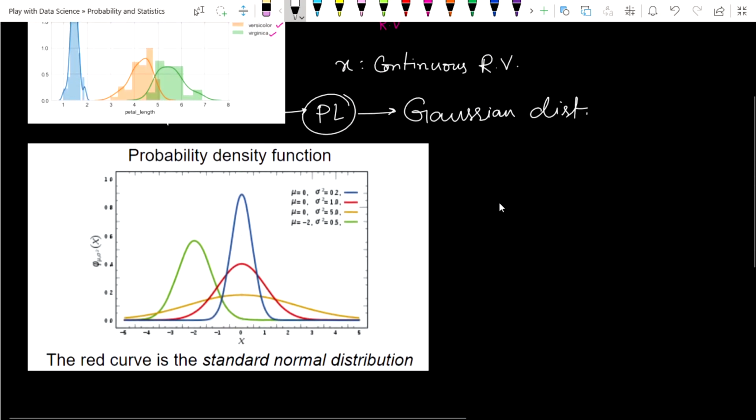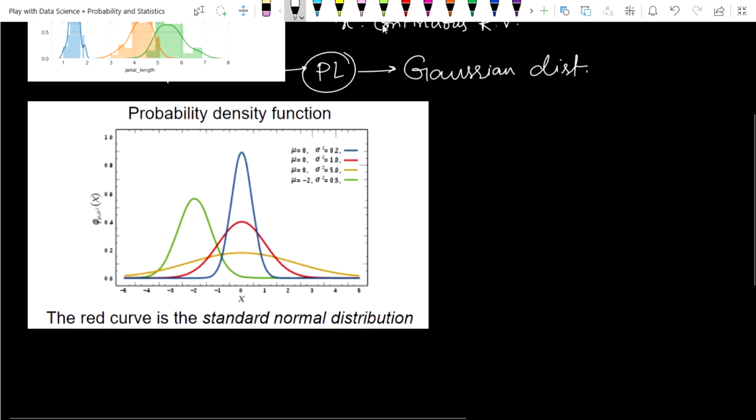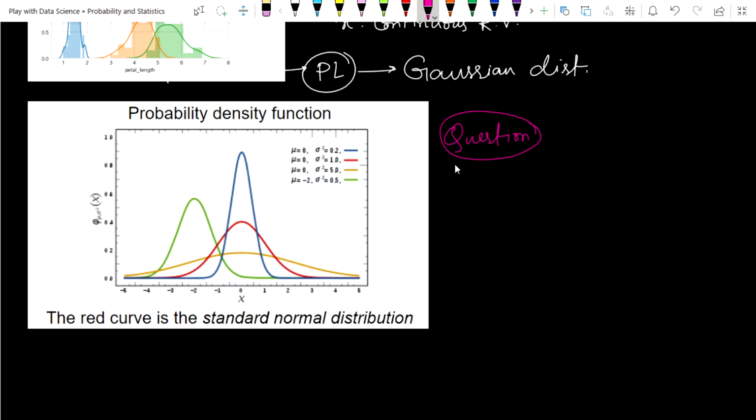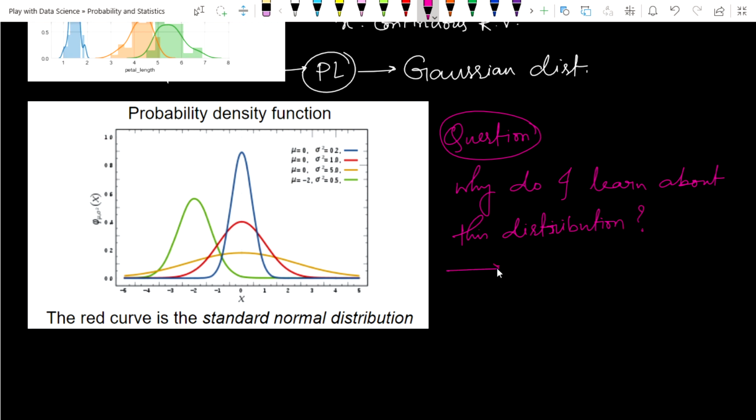Now the question is why we actually need to learn this kind of distribution.